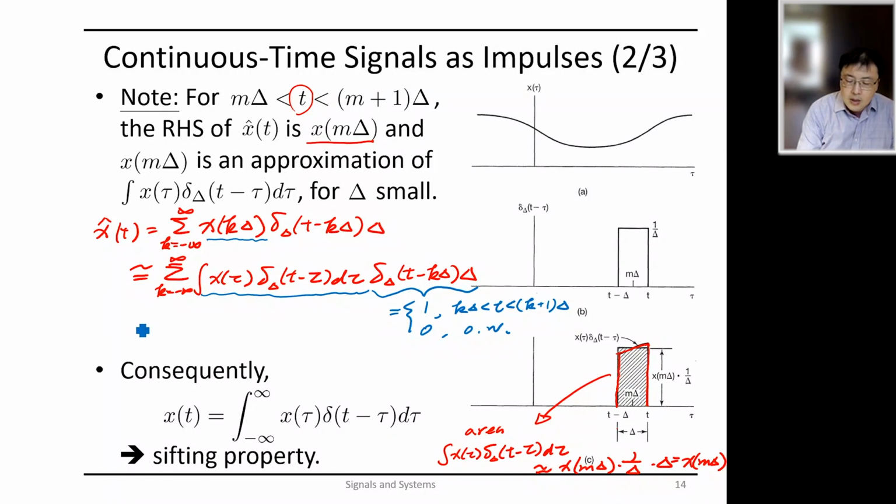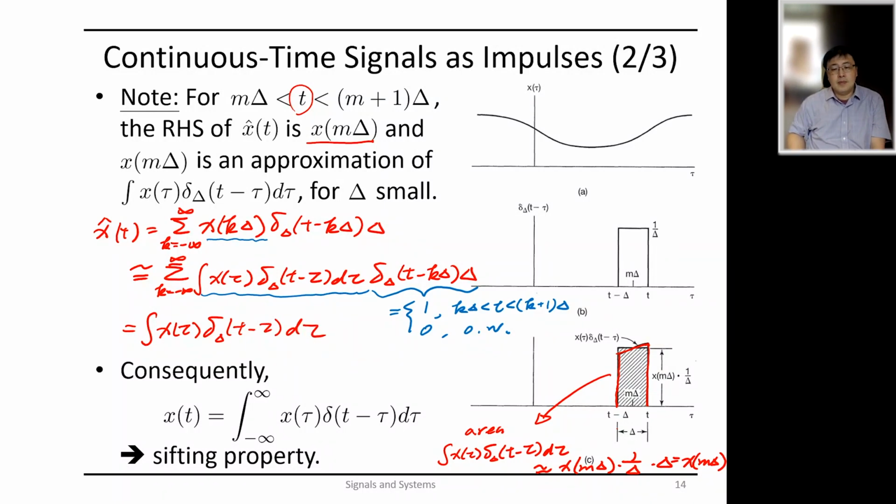So eventually, this gives you just this integral of x of tau delta of t minus tau d tau.